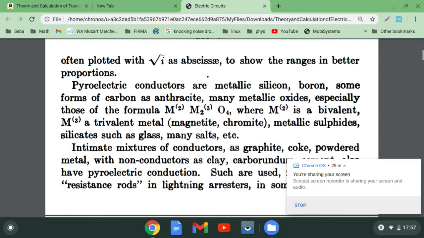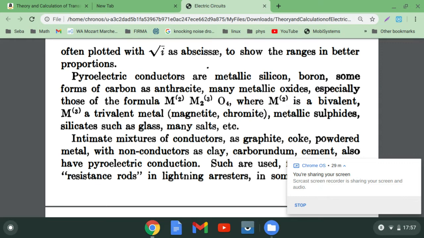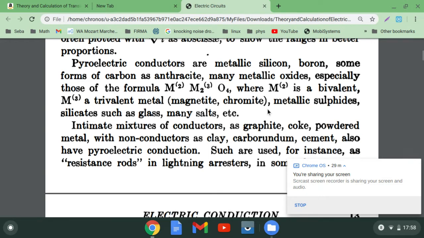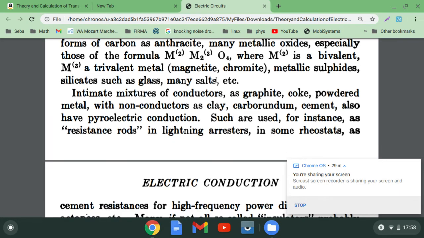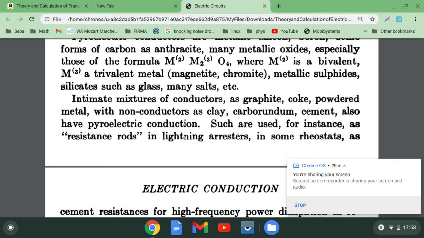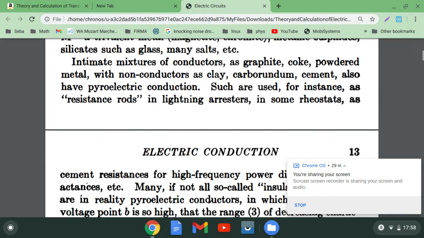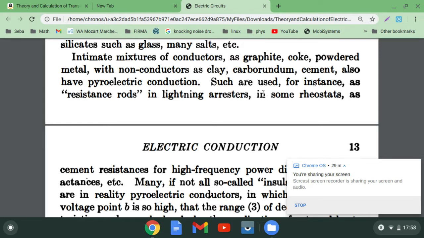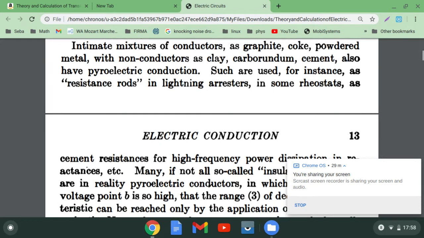Pyrolytic conductors are metallic silicon, boron, some forms of carbon, anthracite, many metallic oxides, especially those of the formula M2O3, M3O4, or M2M3O4, where M2 is a bivalent, M3 a trivalent metal, magnetite, chromite, metallic sulfides, silicates such as glass, many salts, etc. Intimate mixtures of conductors such as graphite, coke, powdered metal with nonconductors such as clay, carborundum, cement also have pyrolytic conduction.